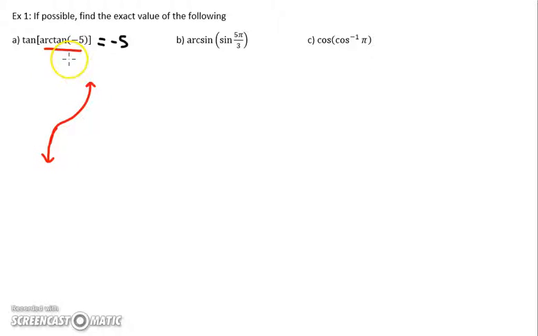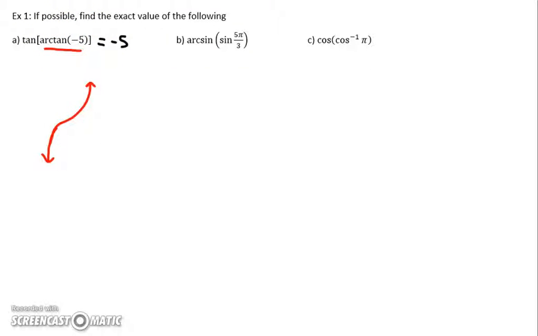We don't actually need to know what that theta is, because this is saying, what is the tangent of the angle whose tangent is -5? Well, the tangent of the angle whose tangent is -5 is -5. As long as we can find an angle that has a tangent of -5, we know its tangent is -5. That's the canceling each other out part.